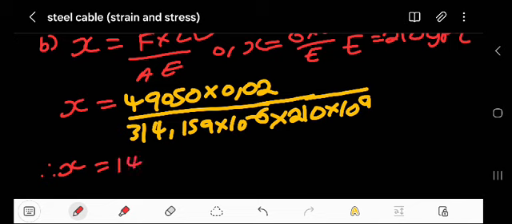You'll get your extension there. Remember, if I punch it, I get 0.014.